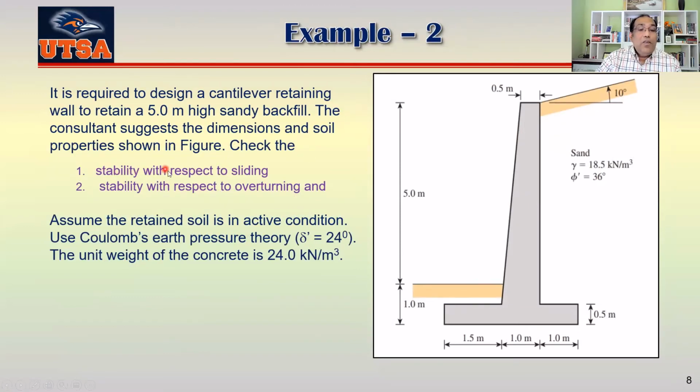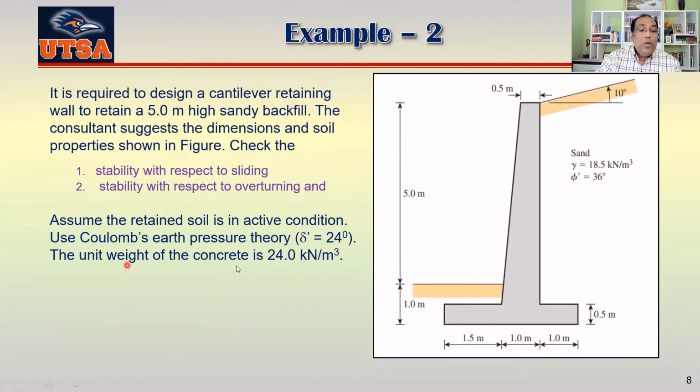Check the stability with respect to sliding and overturning. Assuming the retained soil is in active condition, use Coulomb's earth pressure theory, and delta prime is 24 degrees. Actually, phi prime is 36, so this is 2/3 of phi prime.